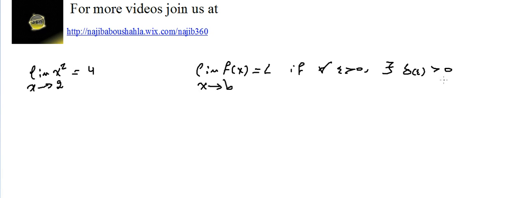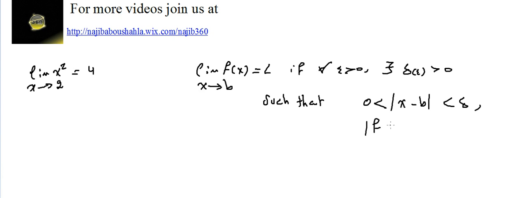It should be positive such that if the absolute value of x minus b is between 0 and delta, then for sure the absolute value of f of x minus L is less than epsilon.